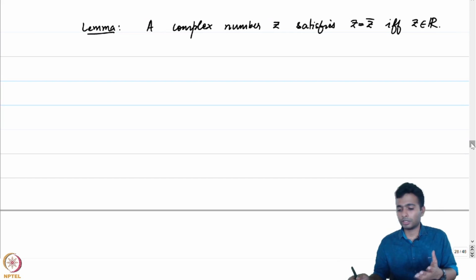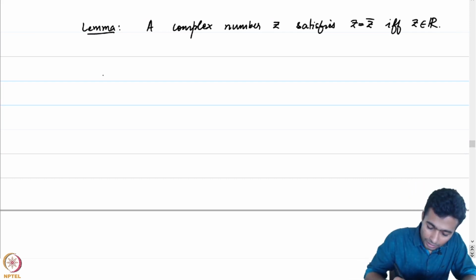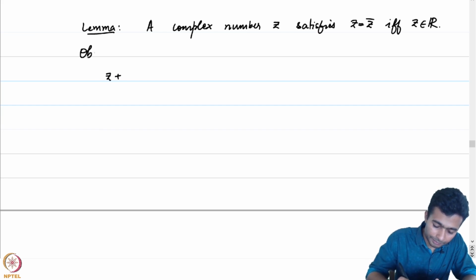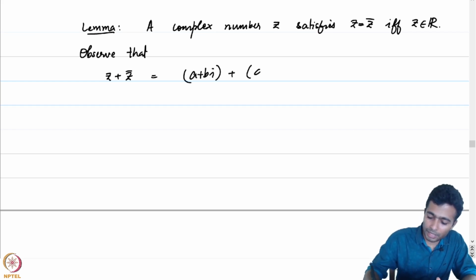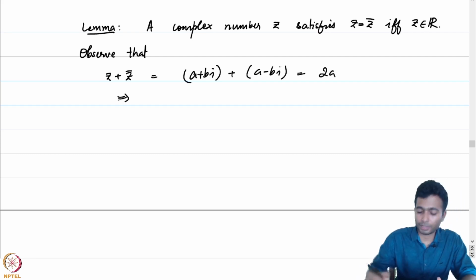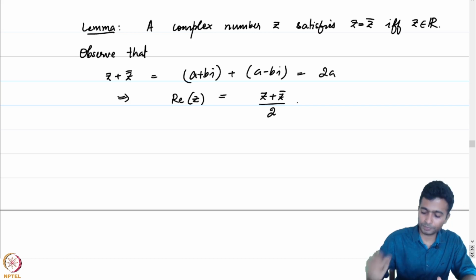We could actually use the conjugate of a complex number along with the complex number to compute both the real and imaginary part. Observe that z plus z bar is going to be equal to a plus bi plus a minus bi, which is equal to 2 times a, and therefore the real part of z is equal to z plus z bar by 2.